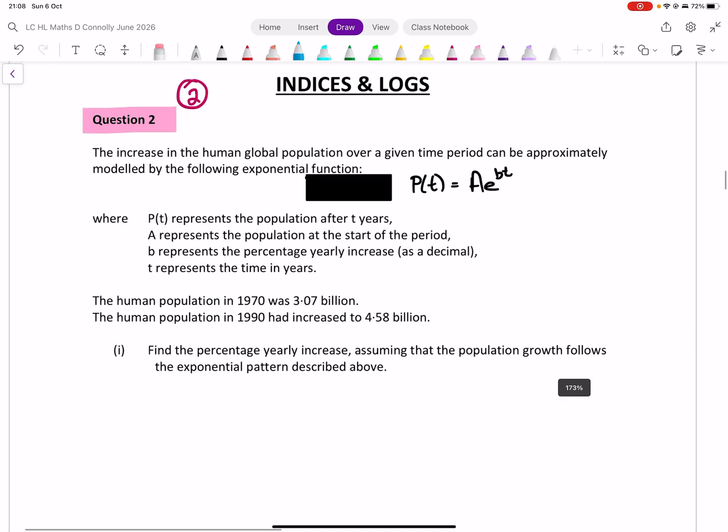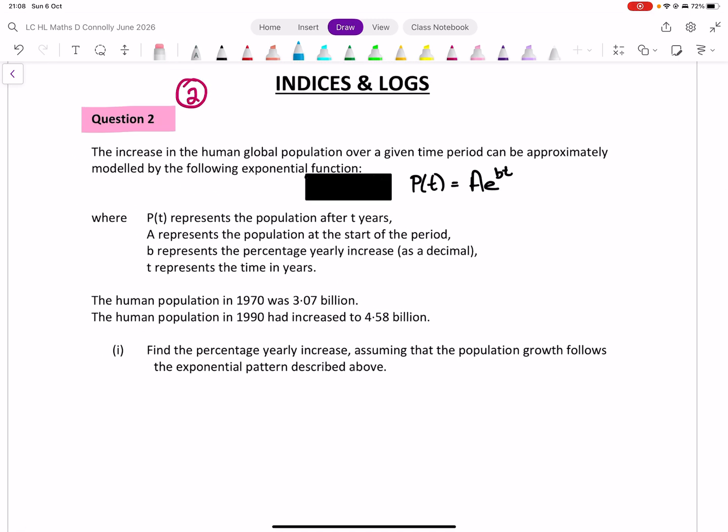Okay, question 2. The increase in the human global population over a given period of time can be approximately modelled using the formula P_T equals A e to the BT. P_T is the population after T years, A represents the population at the start of the period, B represents the percentage yearly increase as a decimal, and T represents the time in years.